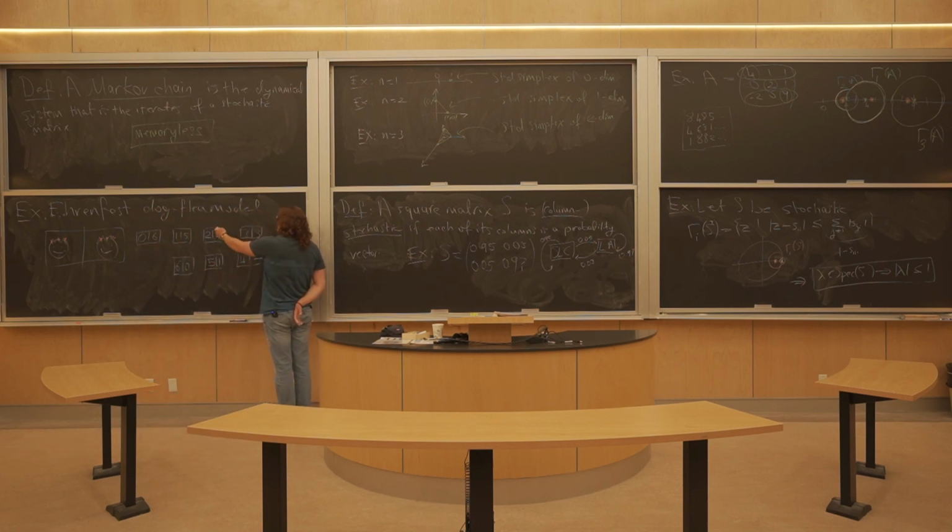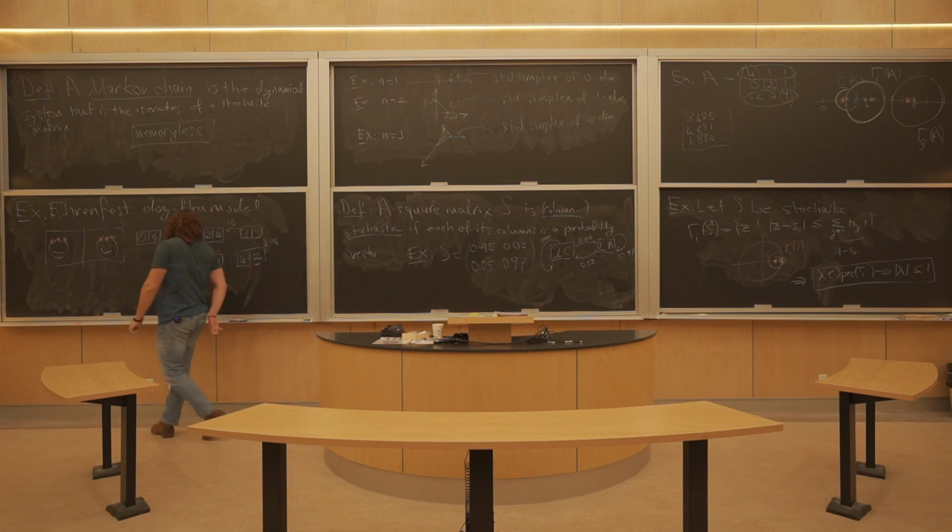Of course, with 50% probability, you're going to switch to this side, 50% to this side. So let me just say 3 over 6, 3 over 6. If you're here, you see it is more likely to get a flea from the right to the left than vice versa.